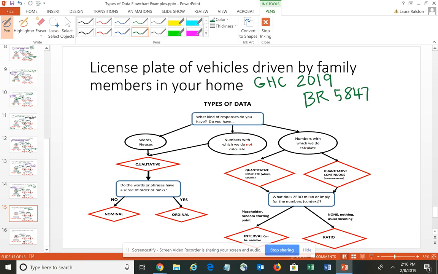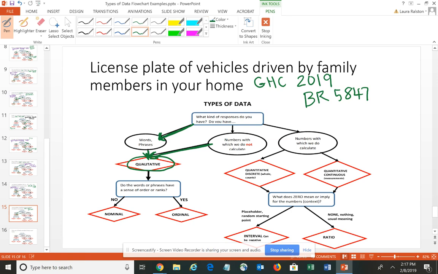So you kind of got a combination going on there. Okay, so you kind of have some words, phrases, letters, but again, in terms of the numbers, think about, would you calculate with the numbers? So either way, how you look at it, really, because it's a combination of letters and numbers, we know we can't calculate with it. So we're kind of limited then. It draws you back into, it's just a label. It's how the state patrol or the government tracks your particular vehicle.